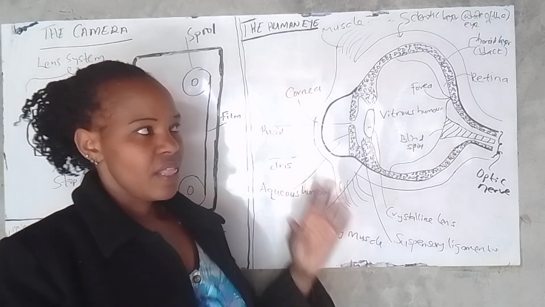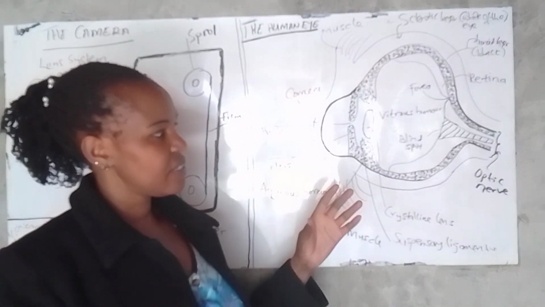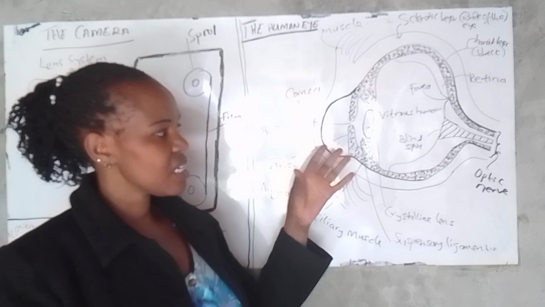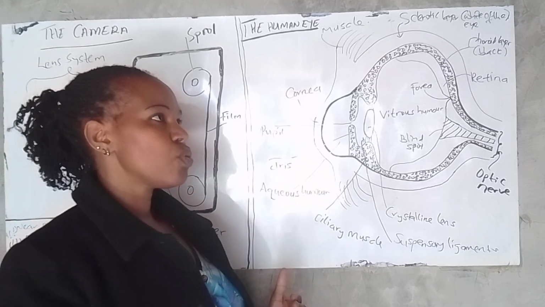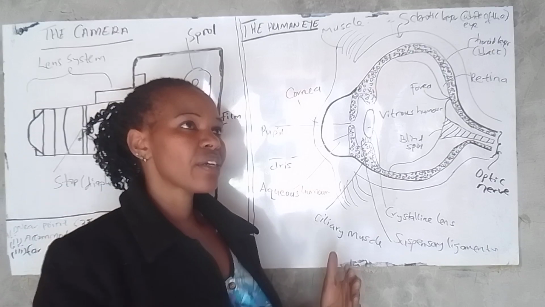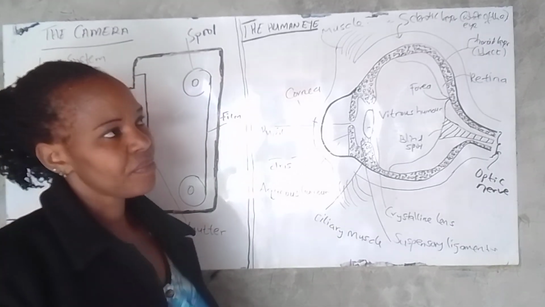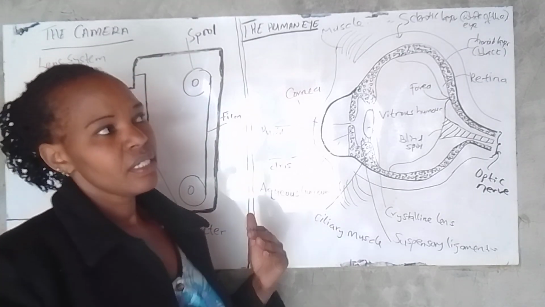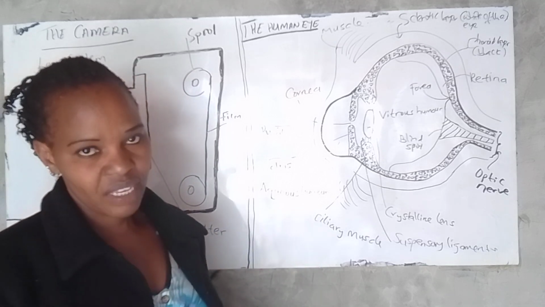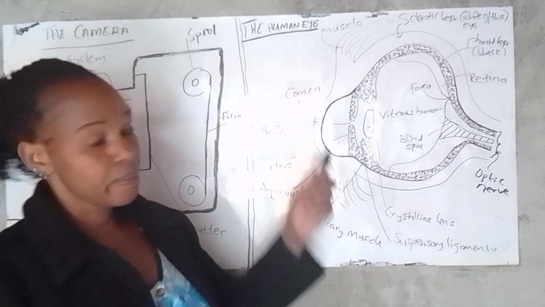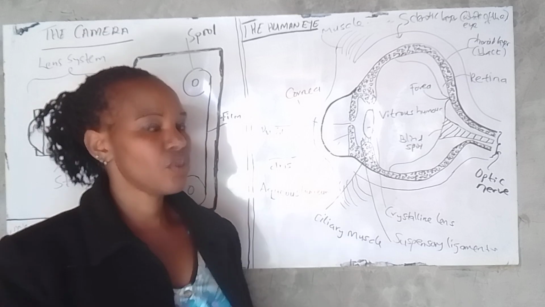What for? The brain is able to interpret every piece of information on that image. It is able to calculate the size of the image, its height, and every aspect of the image. Remember, this image is upside down and the object is not upside down.